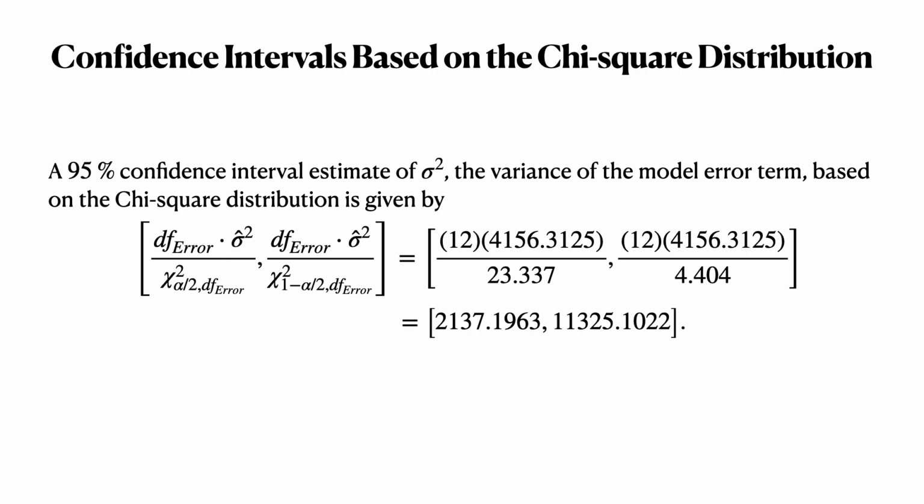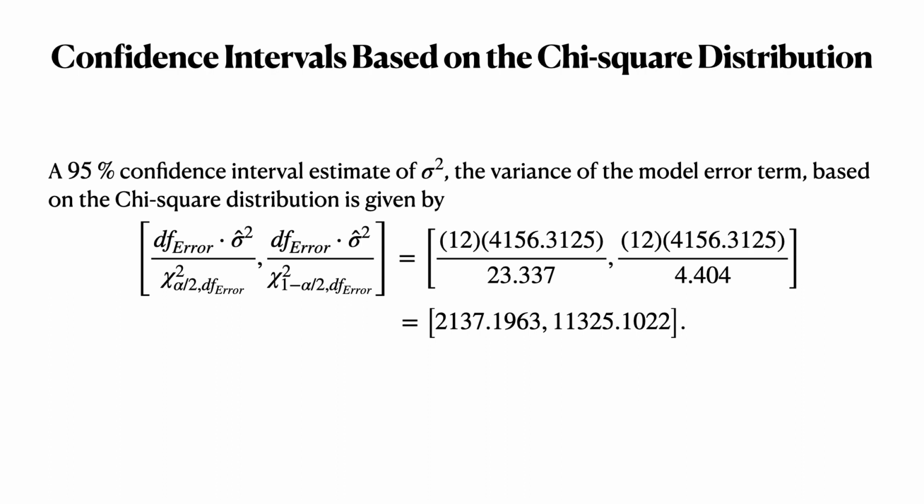Since we're constructing a 95% confidence interval estimate of sigma squared, alpha is 0.05, and so alpha over 2 is 0.025. The upper 2.5 percentage point of the chi-square distribution with 12 degrees of freedom is 23.337, and the upper 97.5th percentage point of that chi-square distribution is 4.401.